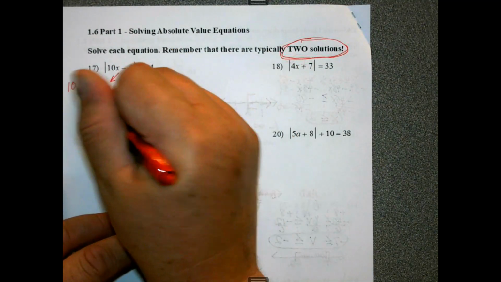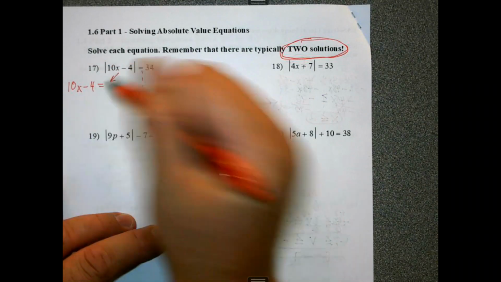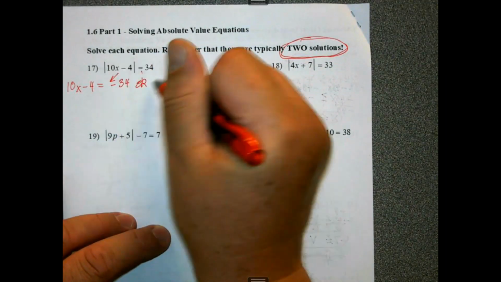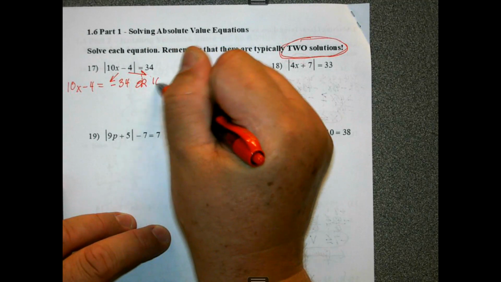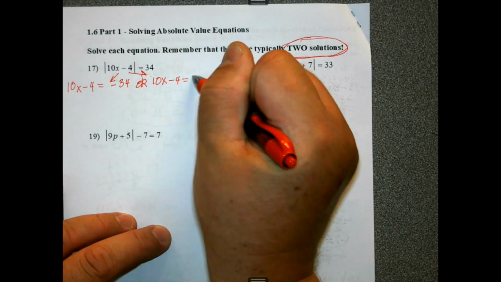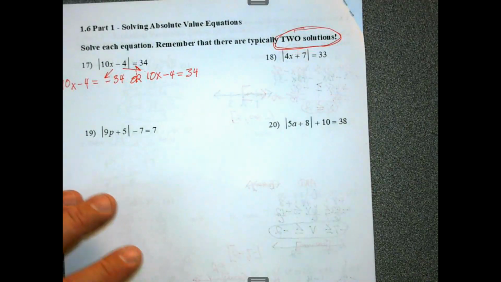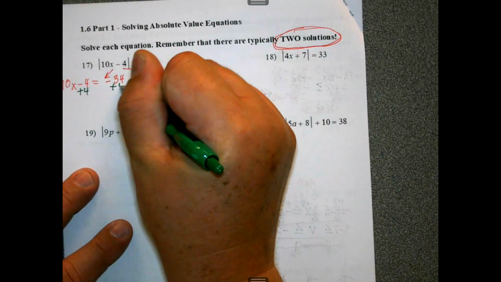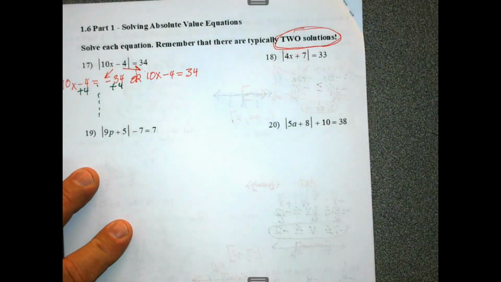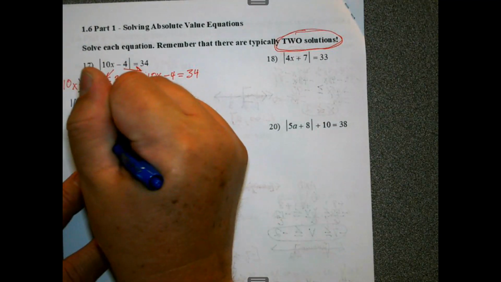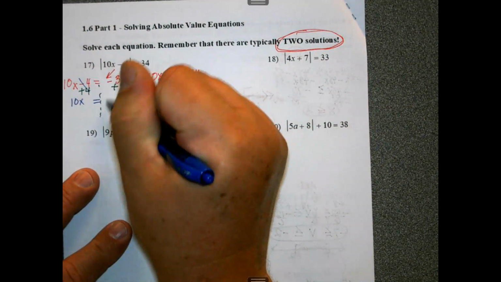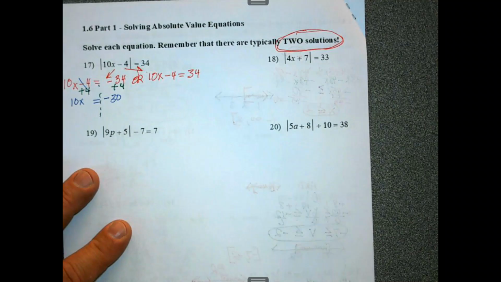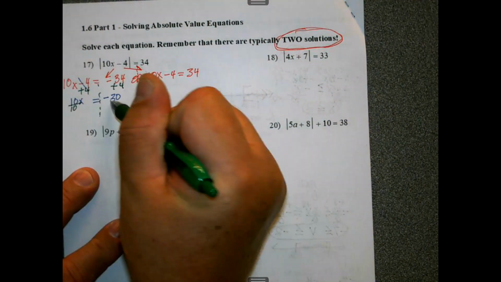10x minus 4 equals negative 34, or 10x minus 4 equals positive 34. Here are our two problems. Then we have to solve them. Add 4, add 4. I get 10x equals negative 34 plus 4, negative 30. Divide by 10, divide by 10.